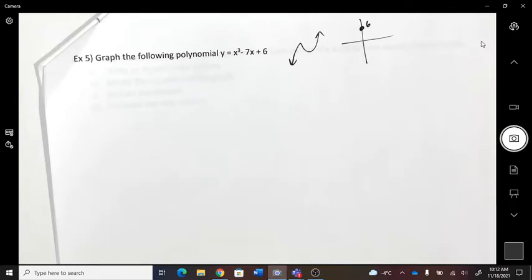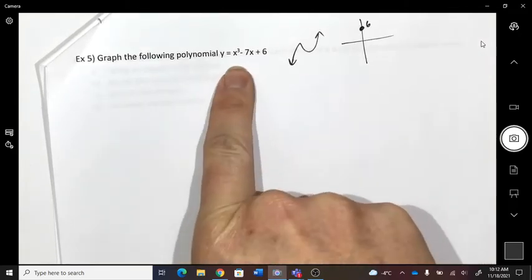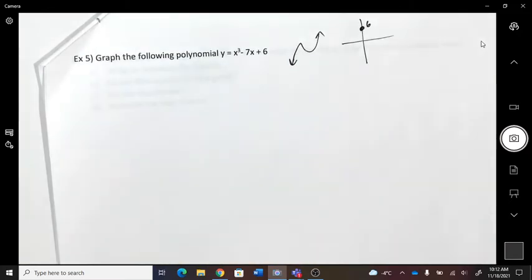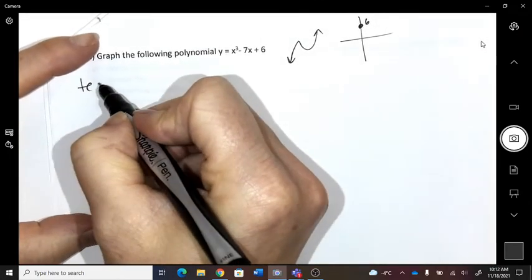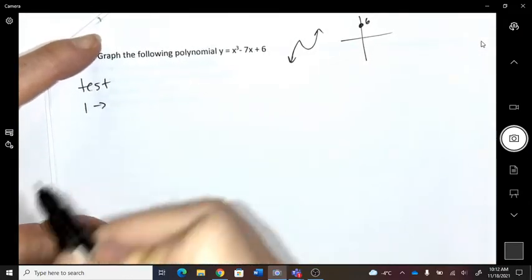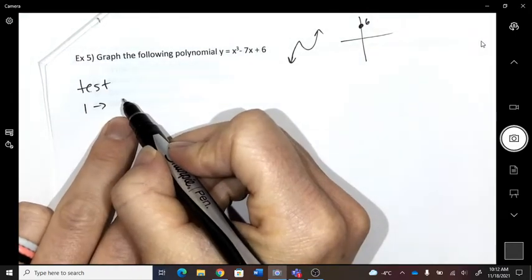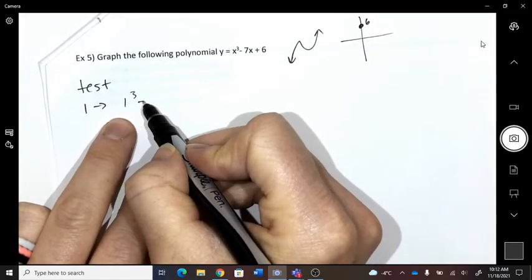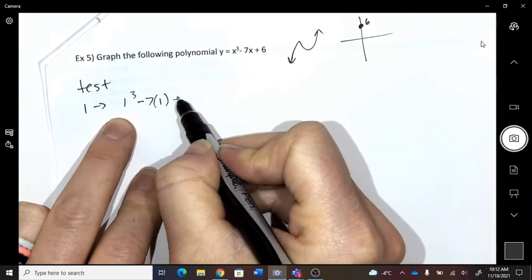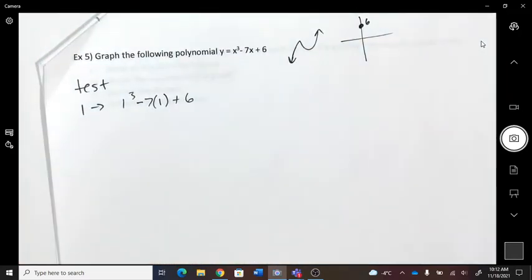We're going to do the same thing we just did. To graph, I need it factored out. So I need to start with some factors. So we have to run a test. So let's test 1. 1 cubed minus 7. So we're just looking, is that 0 or not 0?